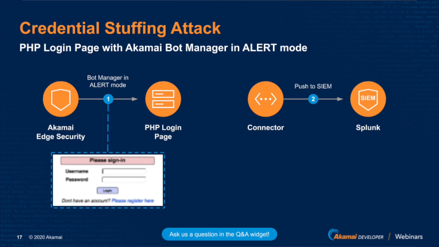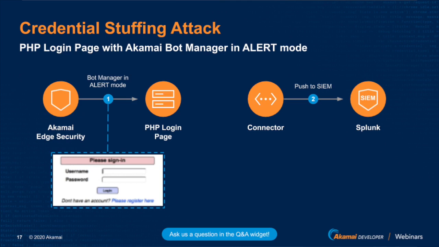My attack tool is built on a Python script, and all these attacks are going through Akamai so it can catch those events. Now these events are in monitor mode, meaning the attacks are going through Akamai and we are not protecting it.